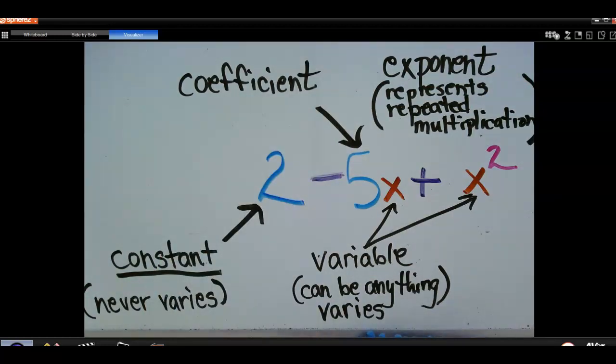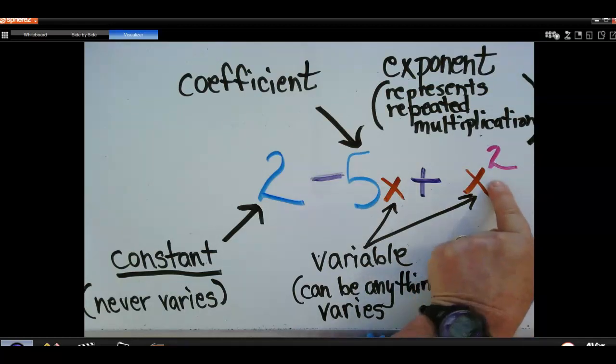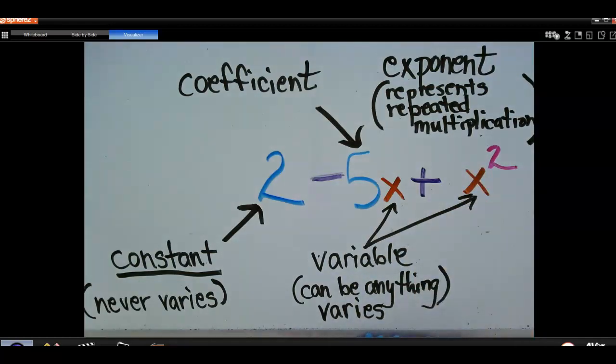Coefficients are very important when you're dealing with standard formulas, and we talk about coefficients a lot second semester when we're talking about quadratic equations and the quadratic formula in particular. And then last but not least, we have these little numbers that are often written at the top right of a variable.